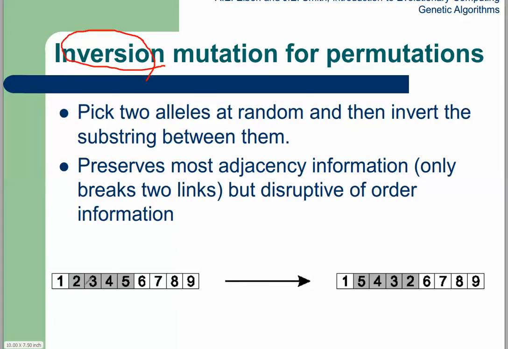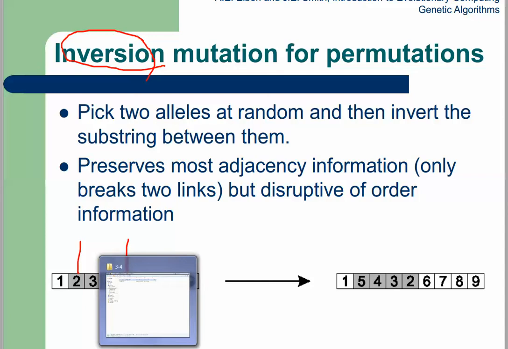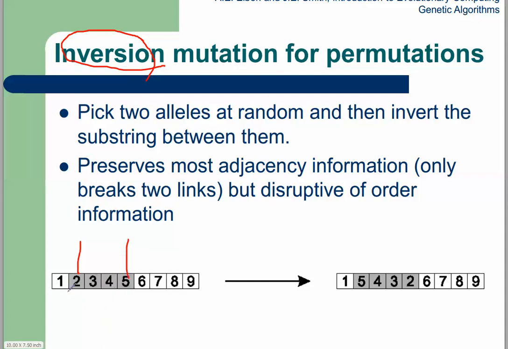In this method, we select two locations randomly and invert these two and all of the values between them. These values are reversed, so 2, 3, 4, 5 becomes 5, 4, 3, 2. It is a reverse of this part. This version also preserves the adjacency and disrupts the order.